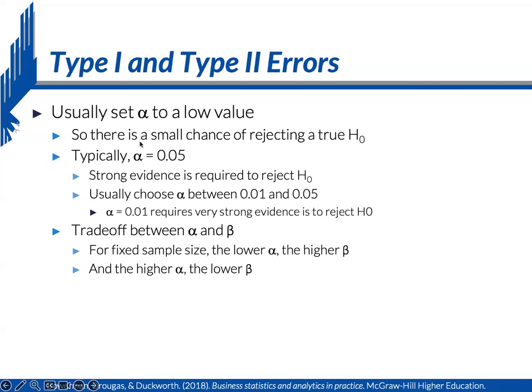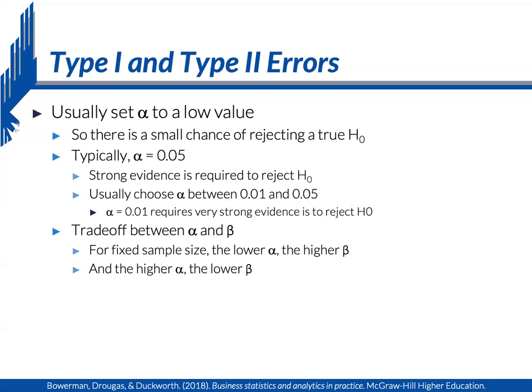So the convention for alpha is 0.05. In most disciplines, an alpha of 0.05 is the standard. But there are different values of alpha that can also be used to test different hypotheses, and we will look at them in a while.